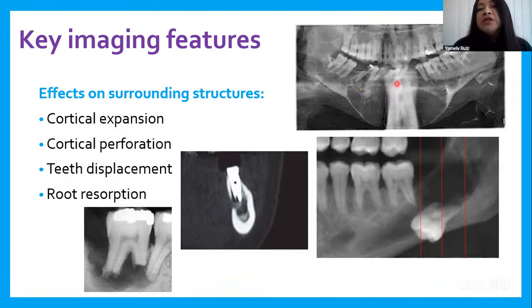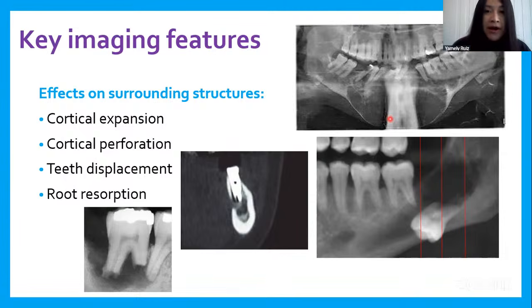For example, in this panoramic radiography, we can observe that the jaw has an expansion of the cortical. The border is wider than the normal size in the jaw. The second point is the cortical perforation. Not all the lesions that have cortical expansion have cortical perforation.